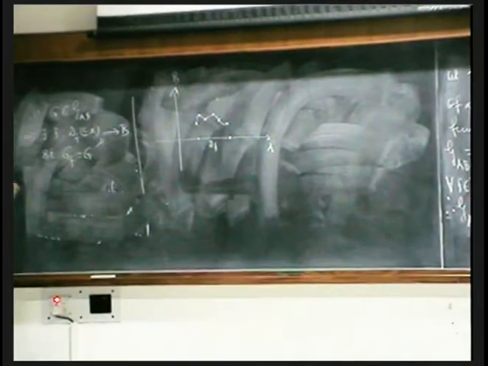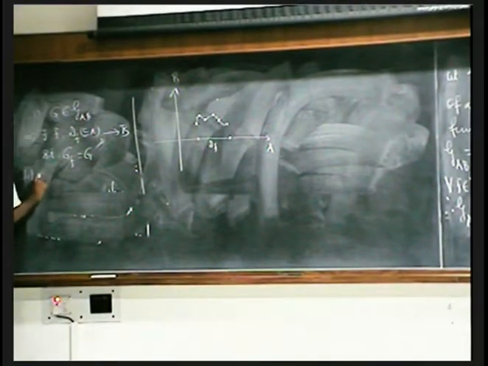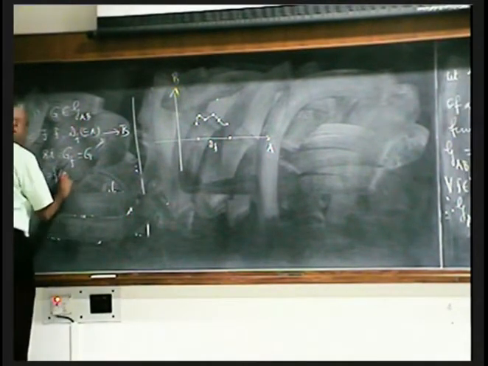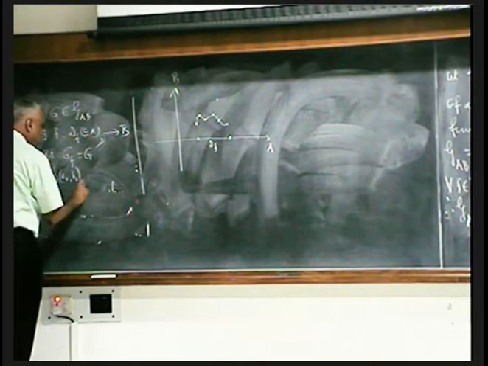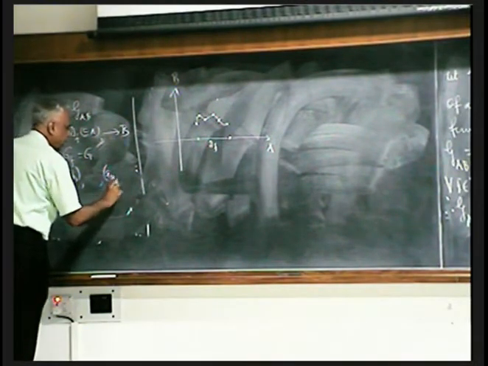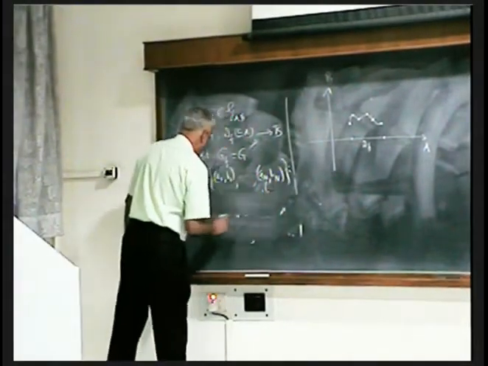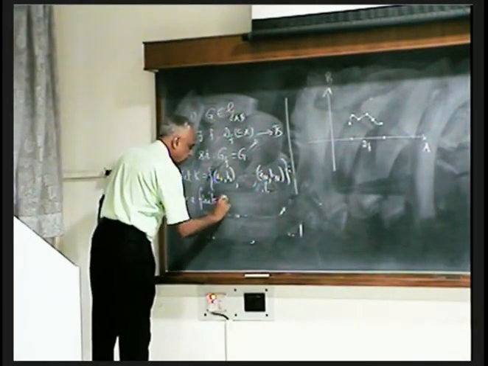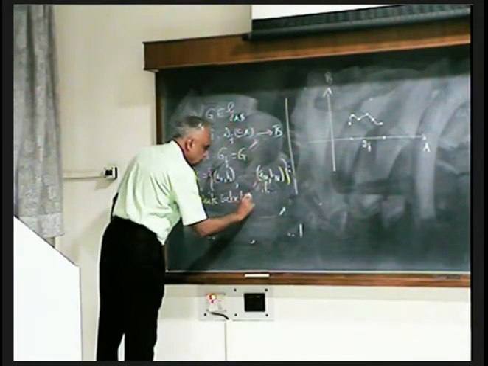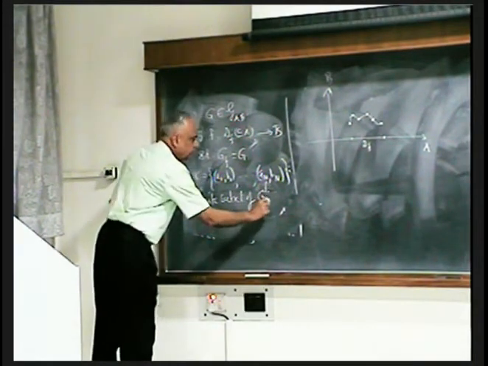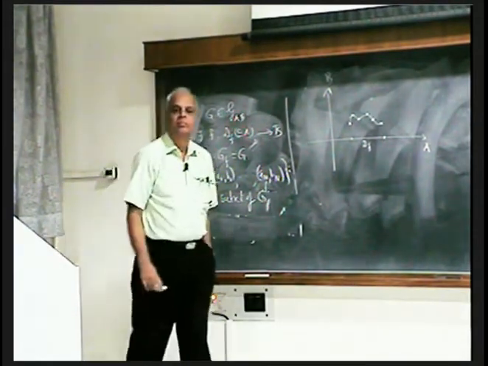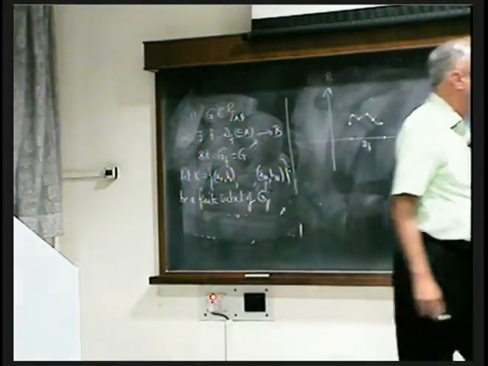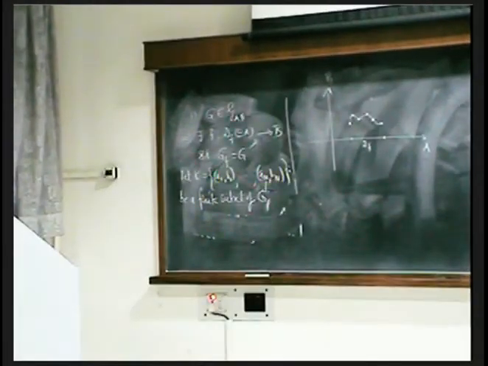So let K equal (a1, b1), ..., (an, bn) be a finite subset of G. Now we want to show that whatever finite set you take, it must be in capital GAB.